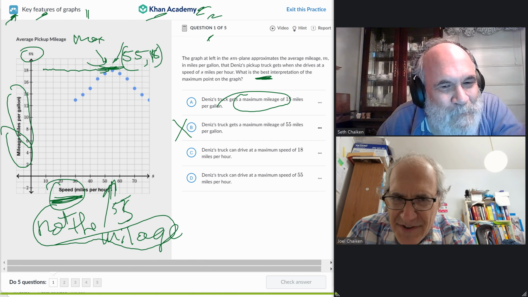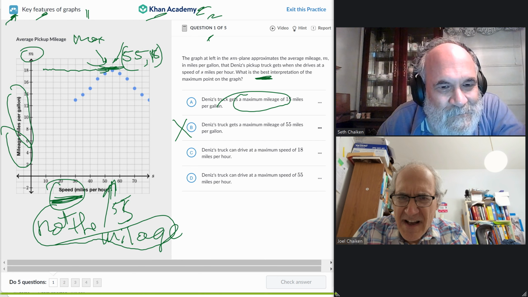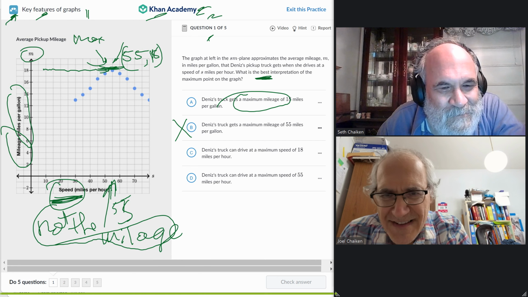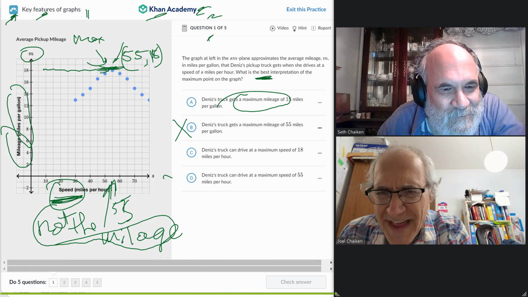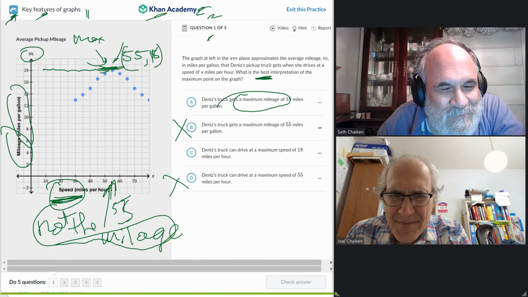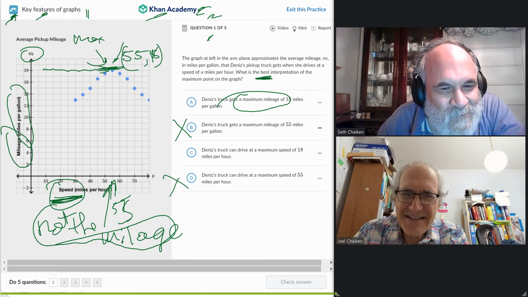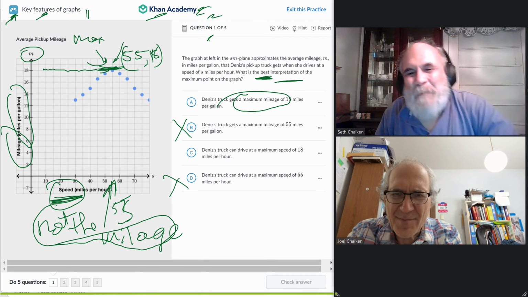Well, that looks a lot like C. Denise's truck can travel at a maximum speed of... No, that's ridiculous. That's not a best interpretation. The maximum point.